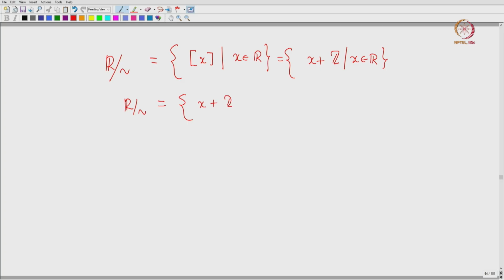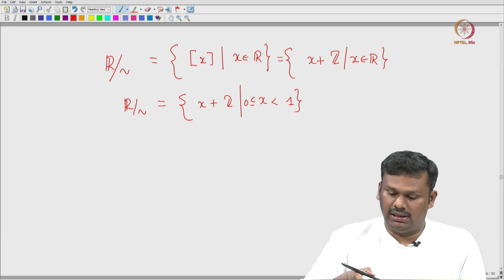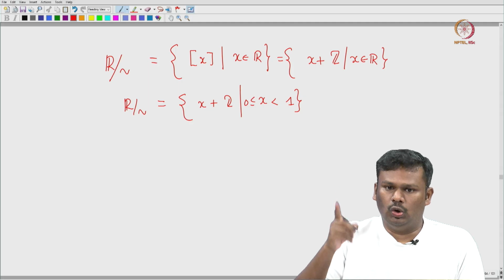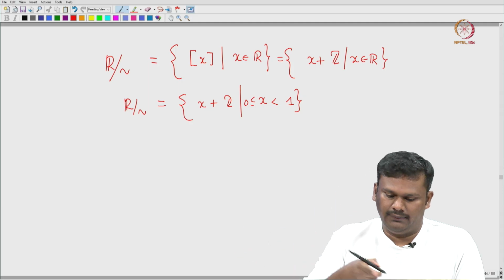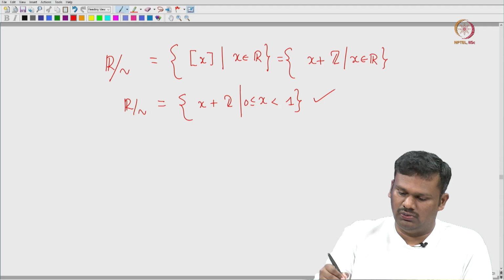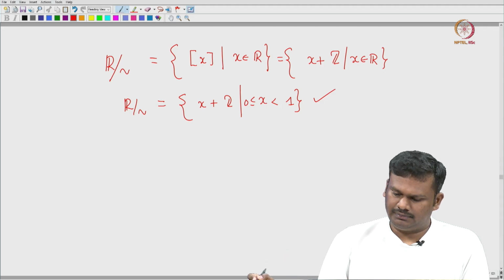You take all x plus Z such that x now comes only from 0 to less than 1, because when it hits x equal to 1, you get back Z. So, indeed the parameterizing set is actually closed 0 and open 1 on the right side. So, this is what you are getting as a subset of P of R.